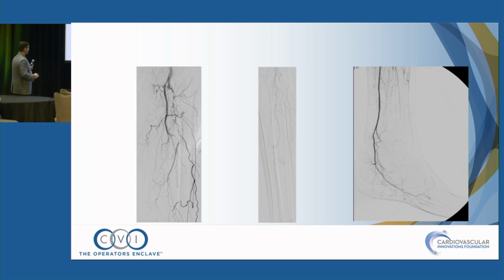And those are some of her diagnostic angiograms. Again, as you can see, she has an occluded SFA, and she has two profundas. The one to the left, the medial one, is the one I ballooned in the past, and the lateral one provides most of the collaterals, and that one is very tertiary, very calcified, very diseased. She has some reconstitution at the PT level, and she has nice plantar flow into the foot.